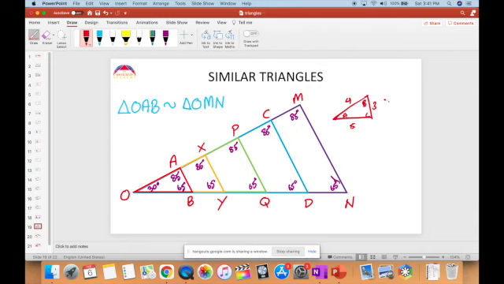If I take this and multiply it by a scale factor of 2, then the triangle will get bigger. This will be 6, this will be 10, this will be 8, and my angles will remain A, B, and C. Right? You understand similar triangles, guys? Pretty easy stuff, right?